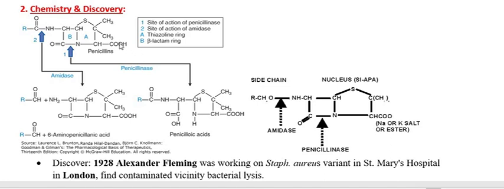What does it mean? Penicillin possesses a structure in which these rings are found. So what are the names of these rings? A stands for the thiazolidine ring. The other, B, is called the beta lactam ring, and this structure from here to here is called the side chain.